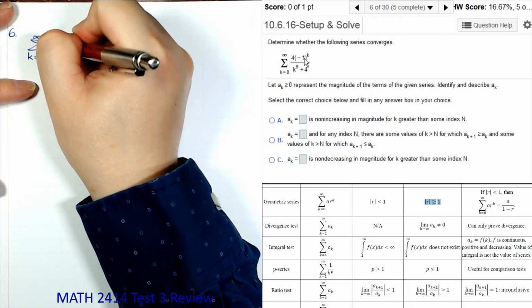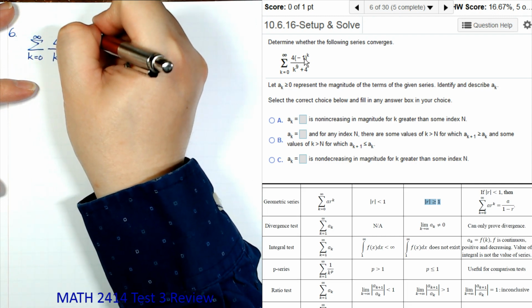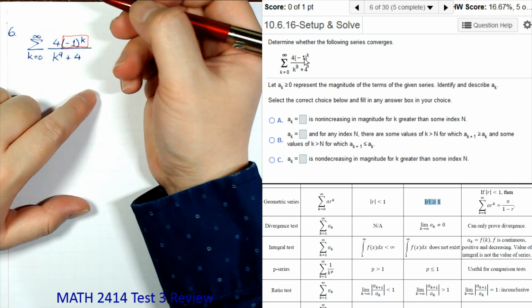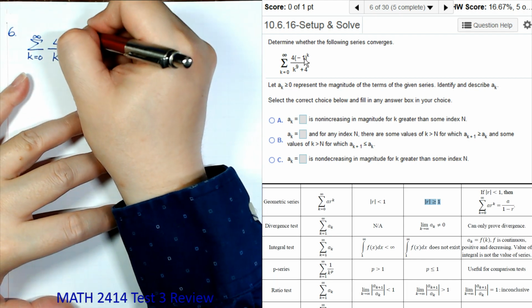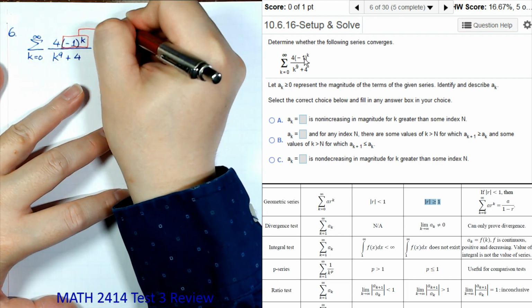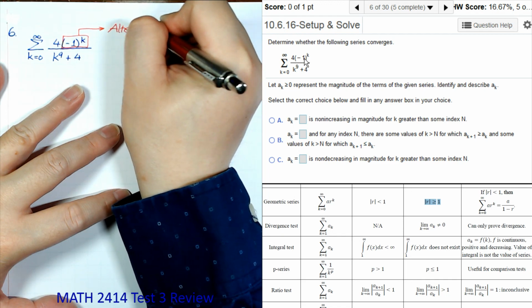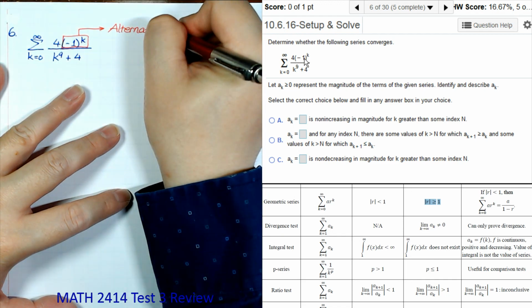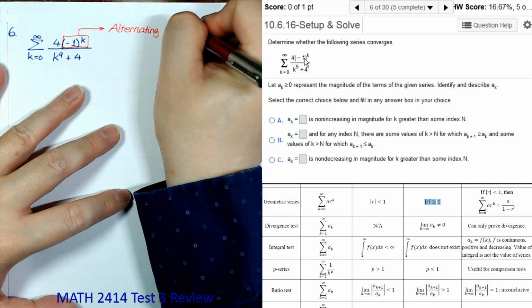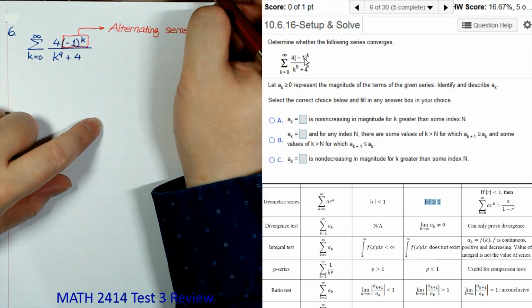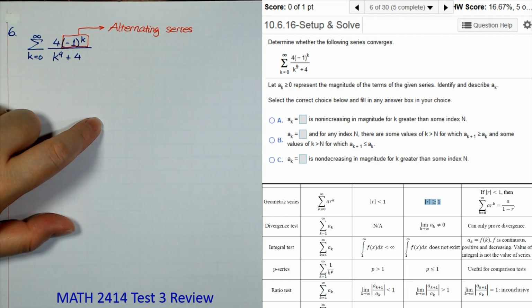When we see -1 raised to a power, the sign changes from positive to negative, and that is definitely an alternating series. Whatever that power is, it's changing from positive to negative.